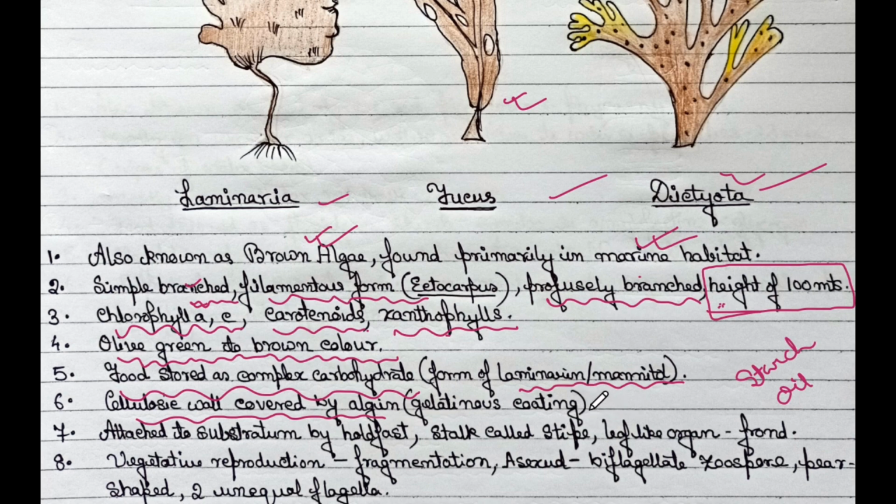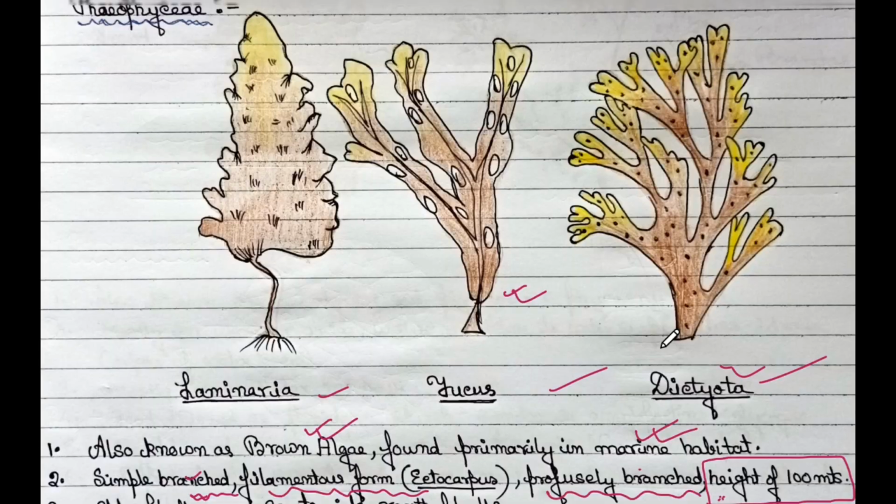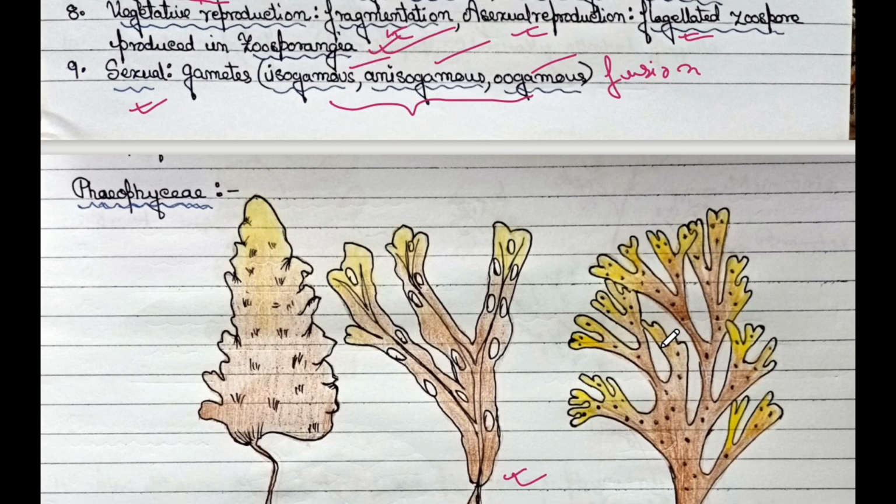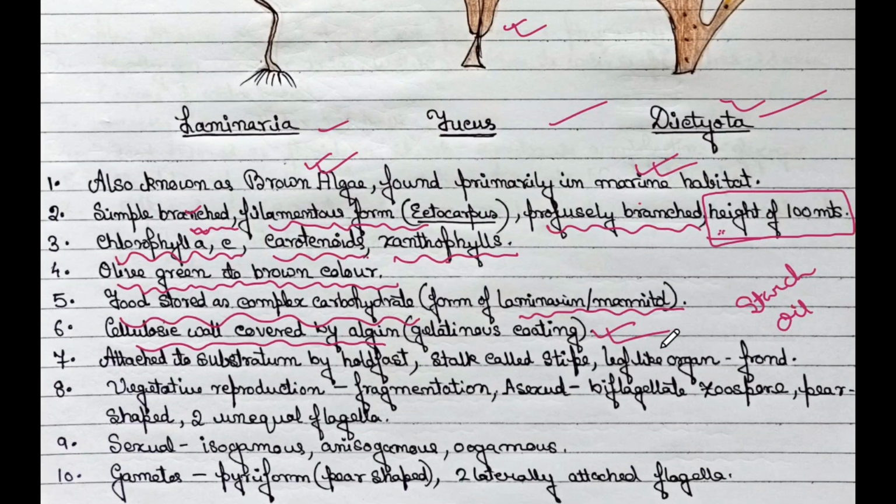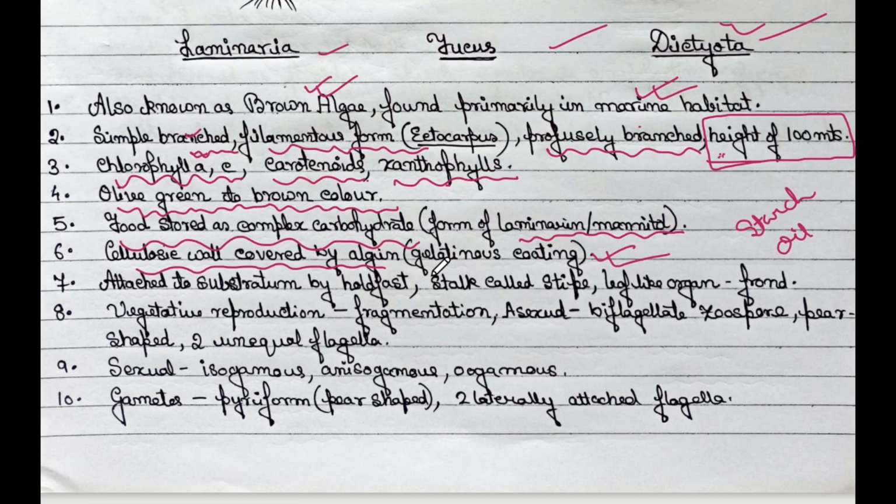These are hydrocolloids, that is gelatinous coating. In chlorophyceae, we learned that it has an inner layer of cellulose and an outer layer of pectose. So here it is inner layer of cellulose and outer layer of algin.